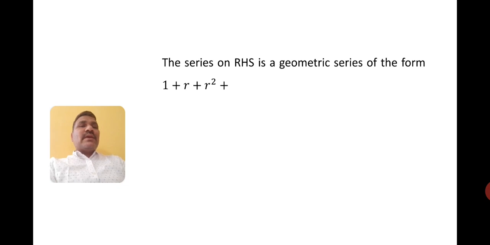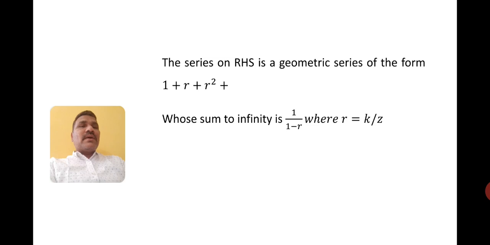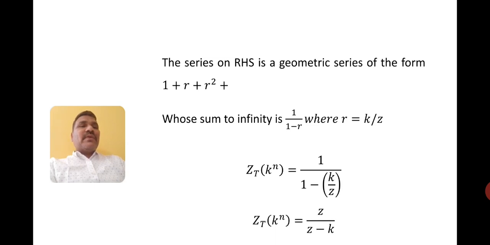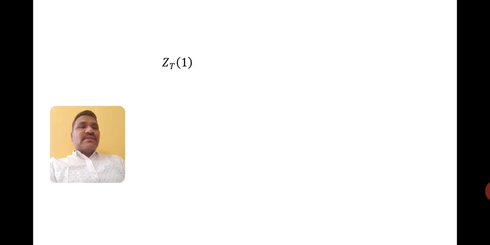We know how to get the sum of this. The sum to infinity is given by 1 by 1 minus r. Here r is k by z. Let me put all these things: 1 by 1 minus k by z. Now take the LCM and simplify. You will get z by z minus k. This is the first answer.